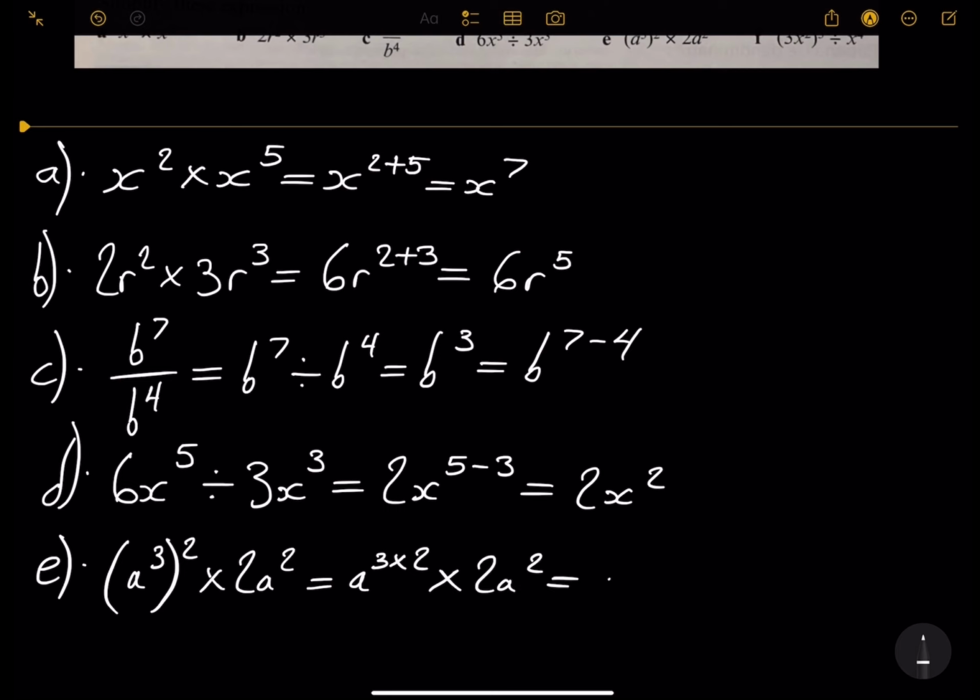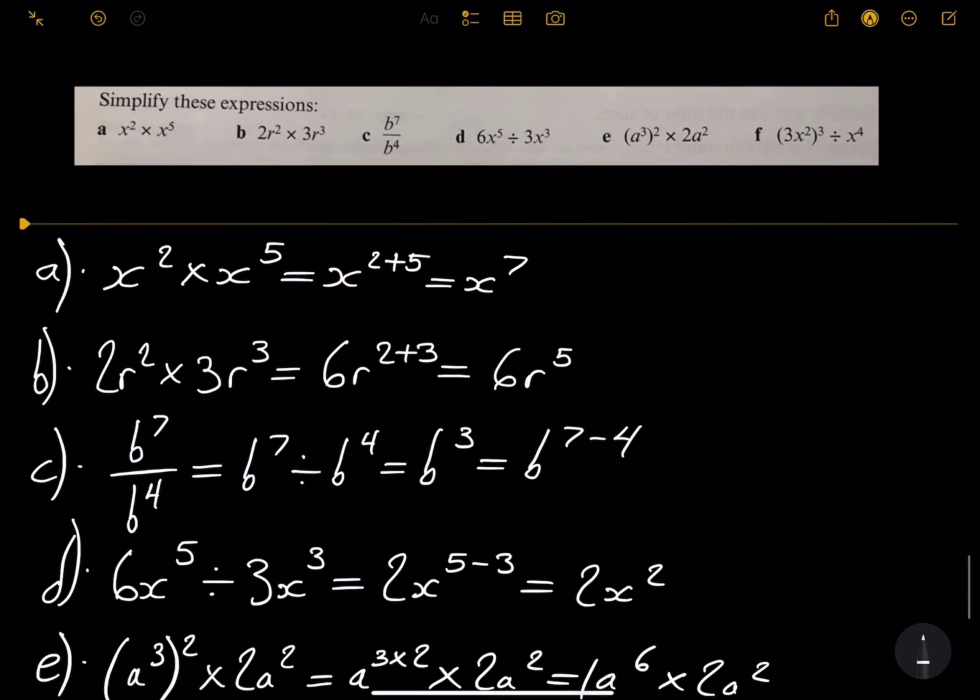That simplifies to a to the power 6 multiplied by 2a squared, and obviously 1 times 2 is 2, and then now we use the multiplication index law, so we add the exponents, so we end up with 2a raised to the power 6 plus 2, and that's the same as 2a raised to the power 8.